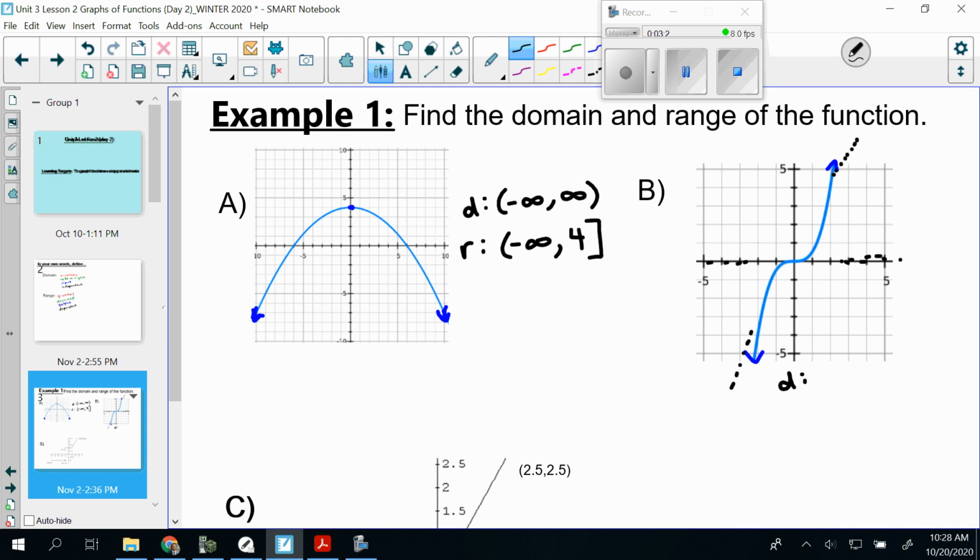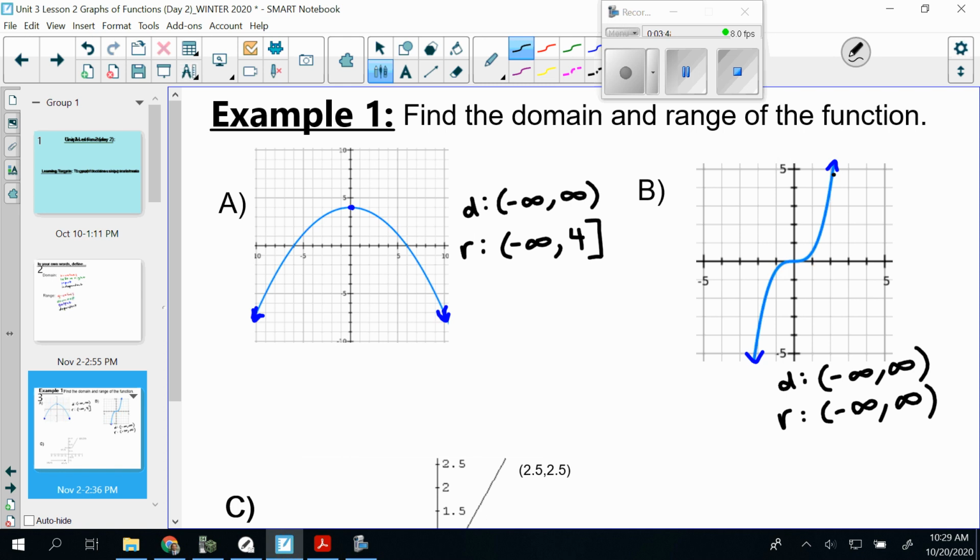So eventually we should hit all the values there as well. So on this one, it also looks like what we had for A, that our domain is all real numbers. Our range, our output, this one for sure is going to keep going up and down, and we get all the values in between. It's continuous. This would also be all real numbers for our range.